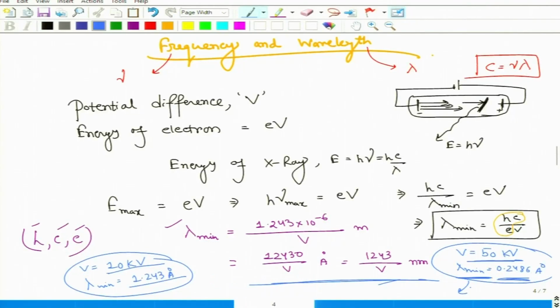If the energy of that X-ray is less, then it cannot penetrate much. If you increase the energy, the penetrating power will also increase. It can be seen from here also, because lambda and energy are inversely proportional. If lambda is decreasing, then energy will increase.